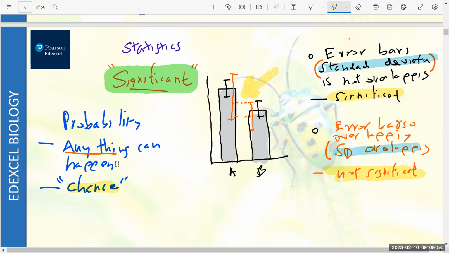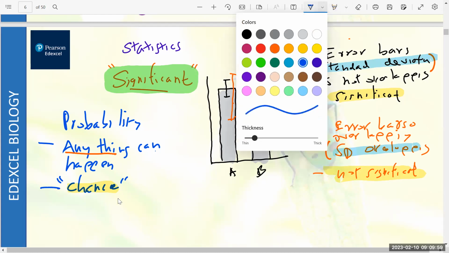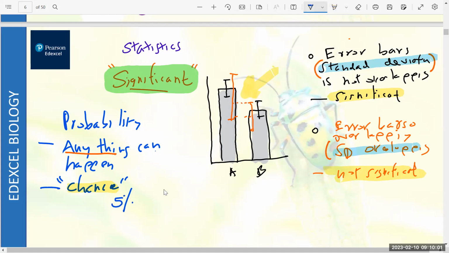So anything can happen due to chance. So what we do, we bring this chance to 5%. That means, yes, this can happen due to chance, but we minimize the chance to 5% or 0.05.